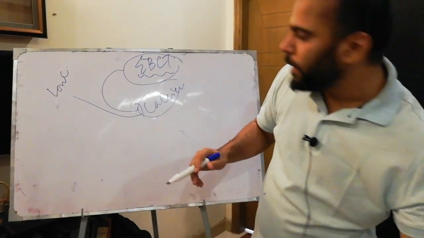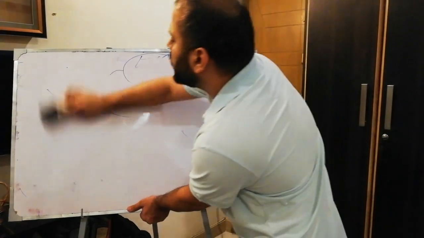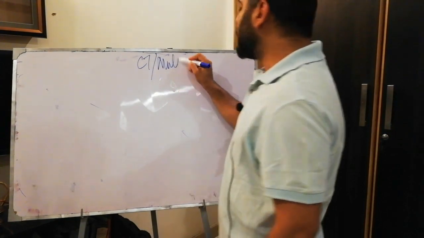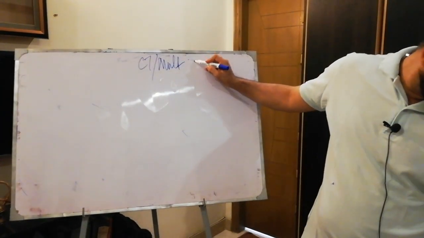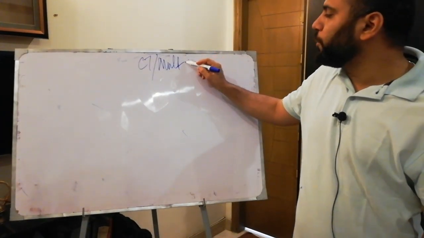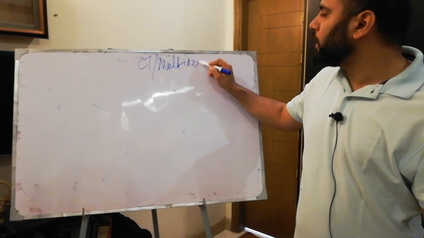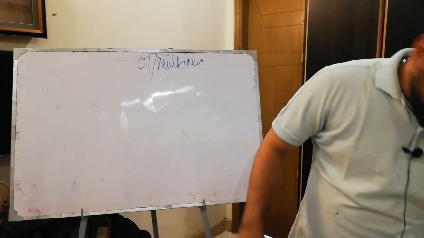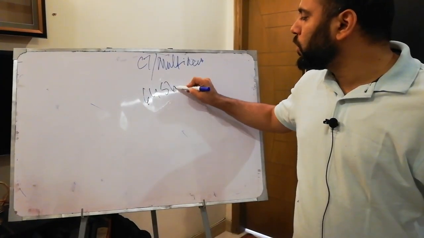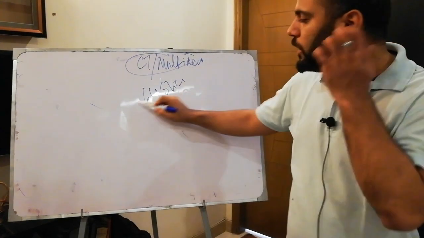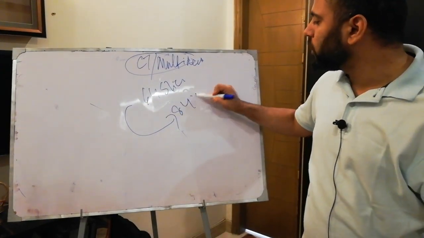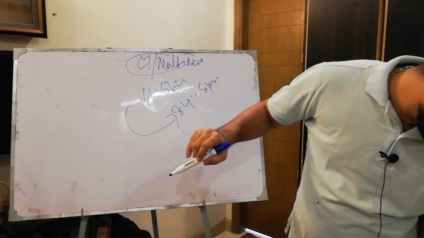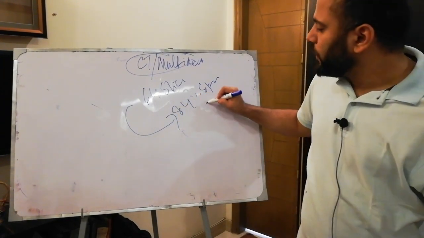So what else we have is multi-detector CT, multi-detector computed tomography. If you have a 64 slice multi-detector CT scan, then you have 84% specificity and 97% sensitivity.